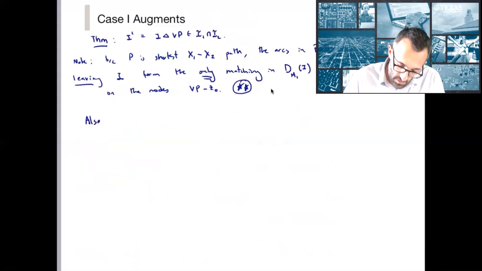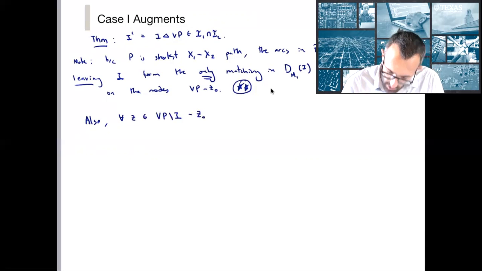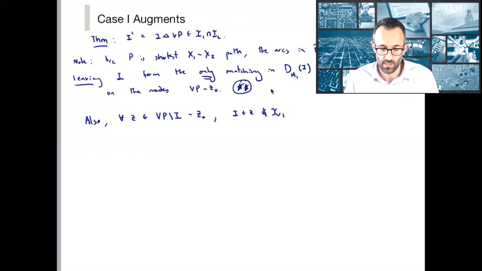Now also, for any z that's on the right-hand side of this path, in other words, it's on the vertices of the path, but not in I, that means it has to be on the right, and also excluding where it starts. Note that I plus z cannot be an element of I1. Because if that were the case, then that means that the element on the right would already be in x1.